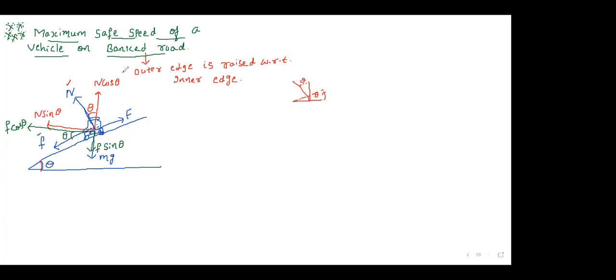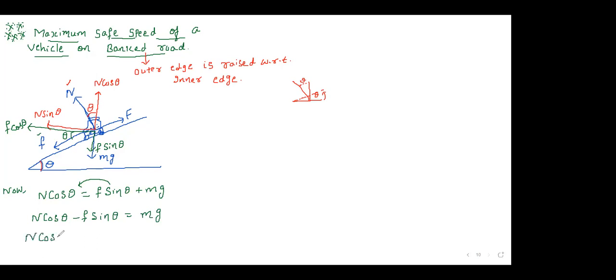Now, please tell me the equations here. The upward force N cos theta should be balanced with F sin theta plus mg. If I shift this F sin theta to this side, it becomes N cos theta minus F sin theta is equal to m into g.